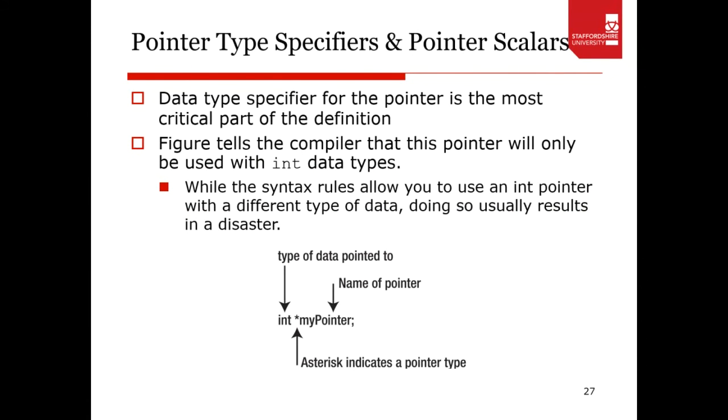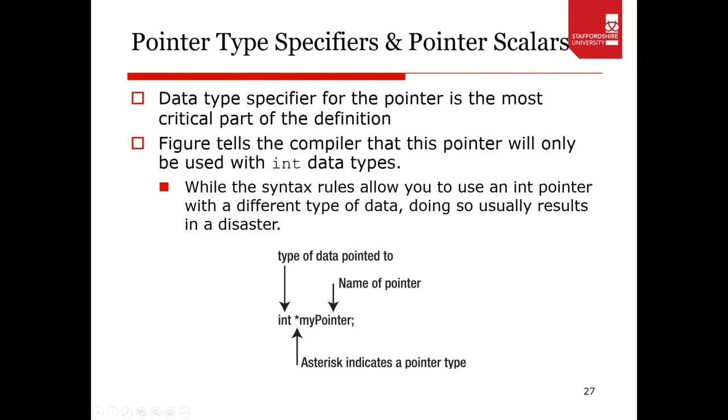So the data type specifier for pointers is the most critical part of the definition. It tells the compiler that this pointer will only be used with int data types, while the syntax rules allow you to use an int pointer with different types of data. However, for example, if you use an int with a double, then you can lose the decimal places.